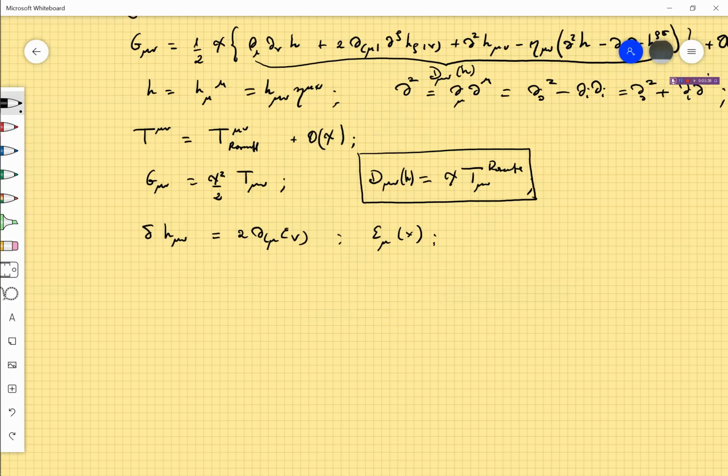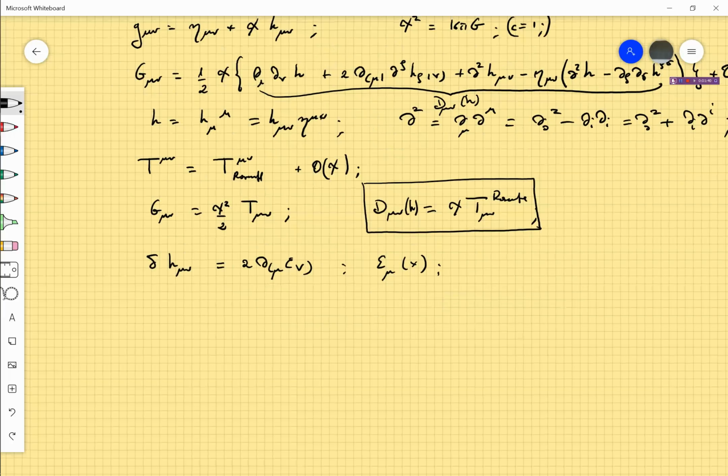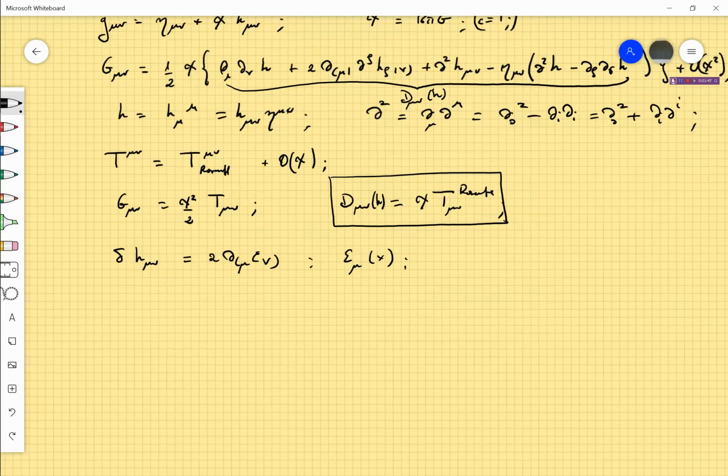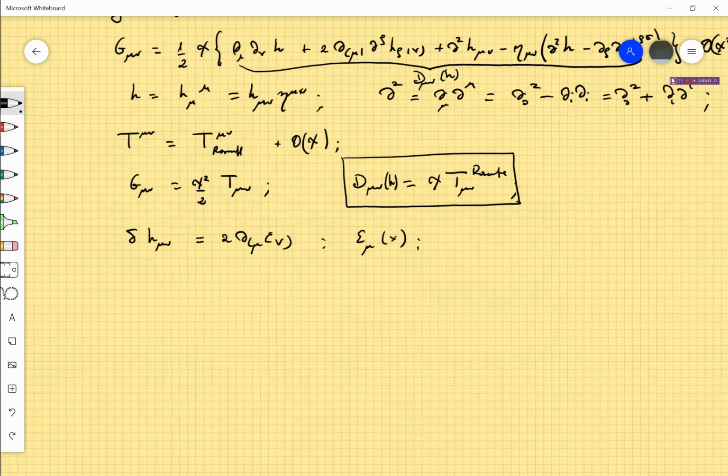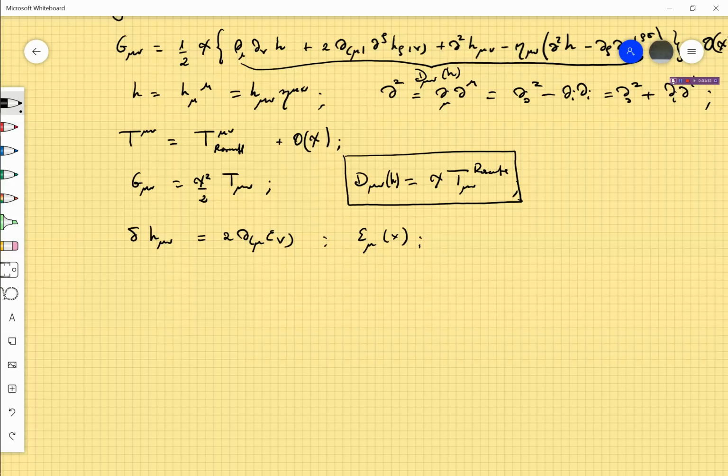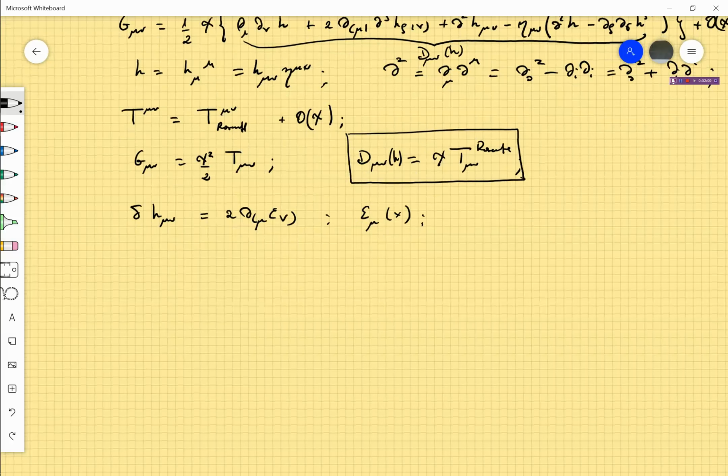This is something that you can check with a bit of patience. It is not very hard to do, but I am not going to do it. It's really straightforward, and the result has to be that it is invariant. So I will ask you to believe this or check it if you want.